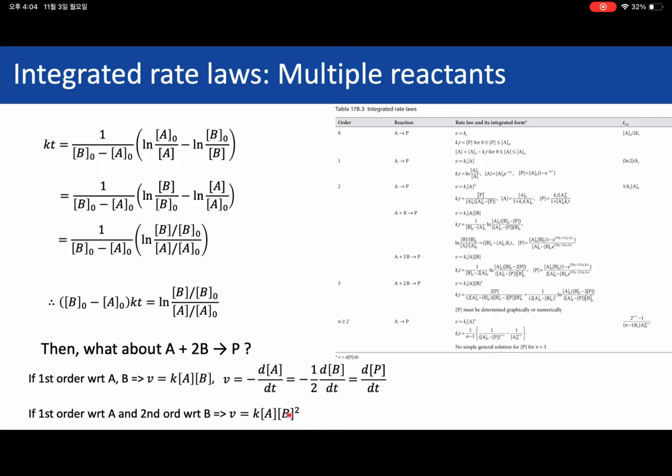Even when the order of reaction with respect to B is second order, the definition of the reaction rate is the same, and the only difference occurs in the rate law, the initial setting. There is a difference in this power for the initial setting, but after that, solving the equation is the same as shown for the A plus B case.